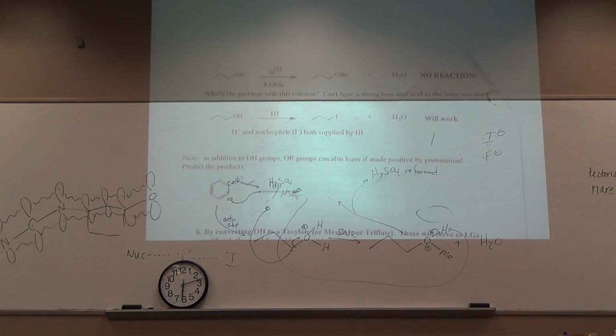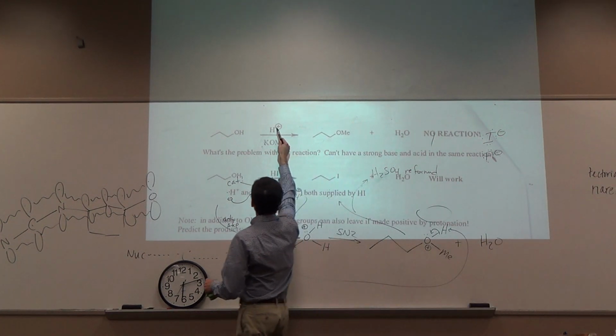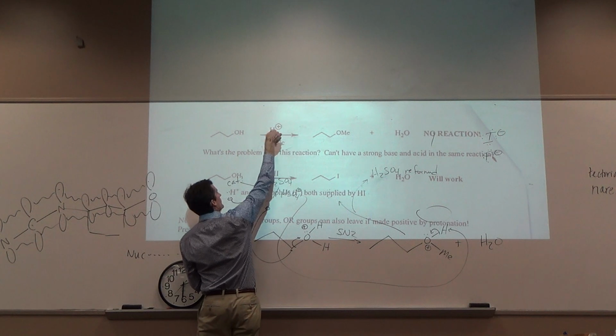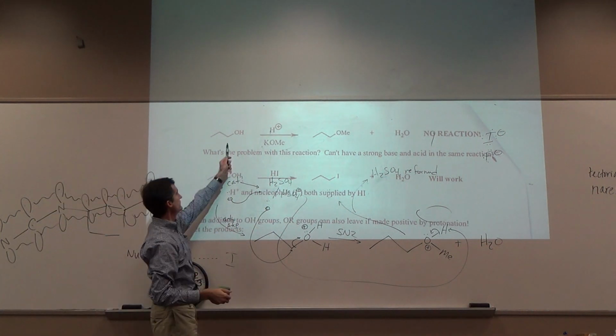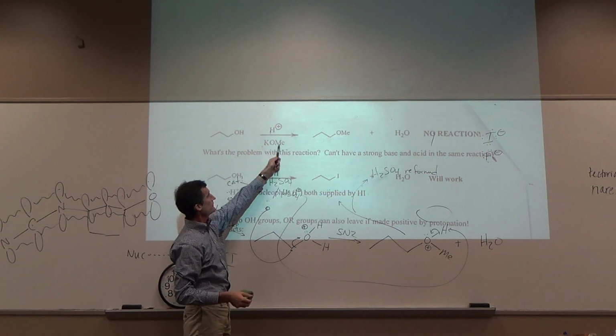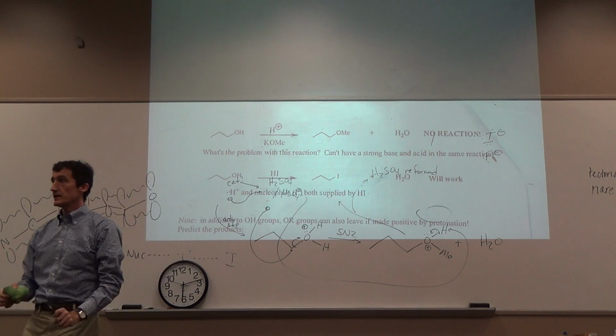Okay, the top here is what I just showed you. This experimental design is flawed. You can't say I got to have an H plus catalyst and then I'm going to react it with this. These two are incompatible. Acids and bases are not compatible.